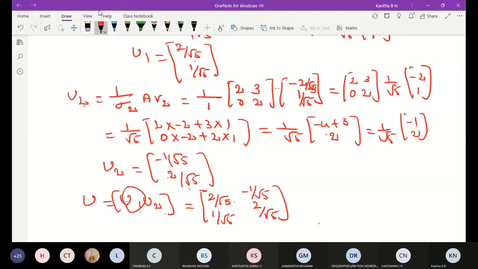Next, what we have to find, write down: the next matrix, the diagonal matrix, summation.